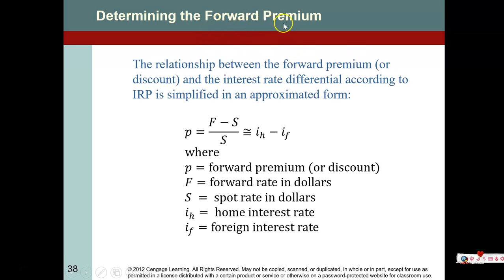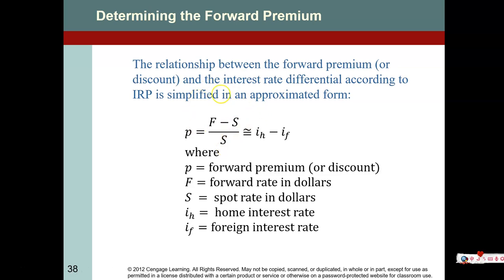Determining the forward premium: the relationship between the forward premium or discount and the interest rate differential according to interest rate parity, IRP, is simplified in an approximated form. P, the forward premium or discount, equals forward rate F in dollars minus spot rate S in dollars, divided by S, the spot rate in dollars.